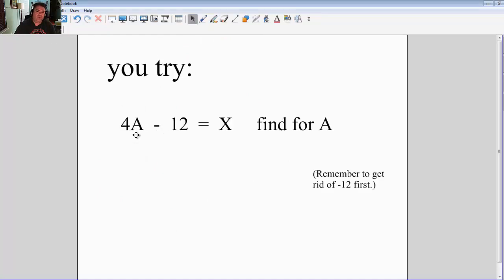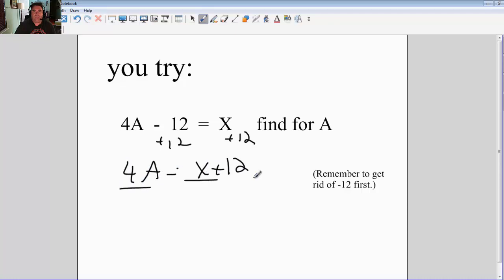You try. 4a minus 12 equals x. Find 4a. Step 1, get rid of, well, go ahead and give it a try. Okay. Go ahead, and if you haven't done so, add 12 to both sides. So now I get 4a equals x plus 12. Divide both sides by 4.